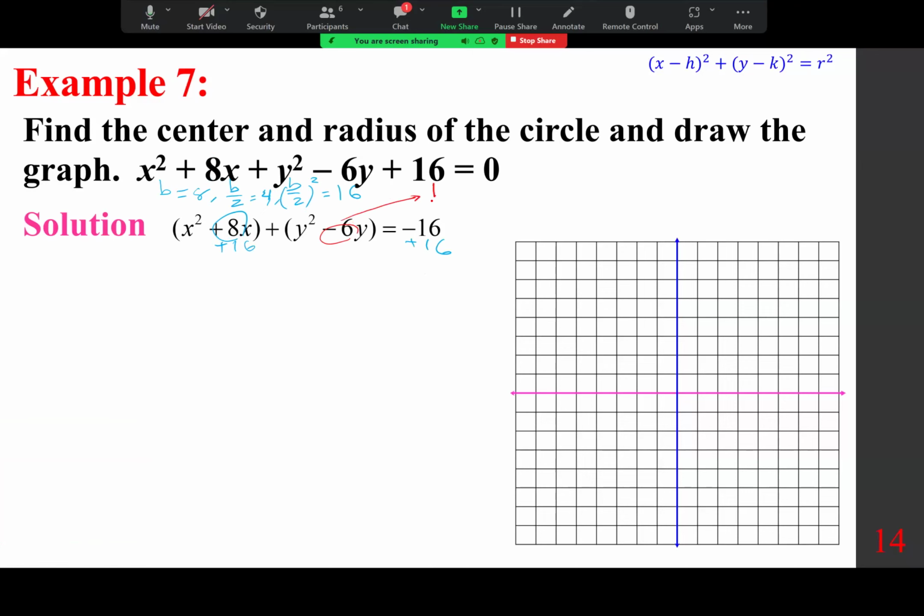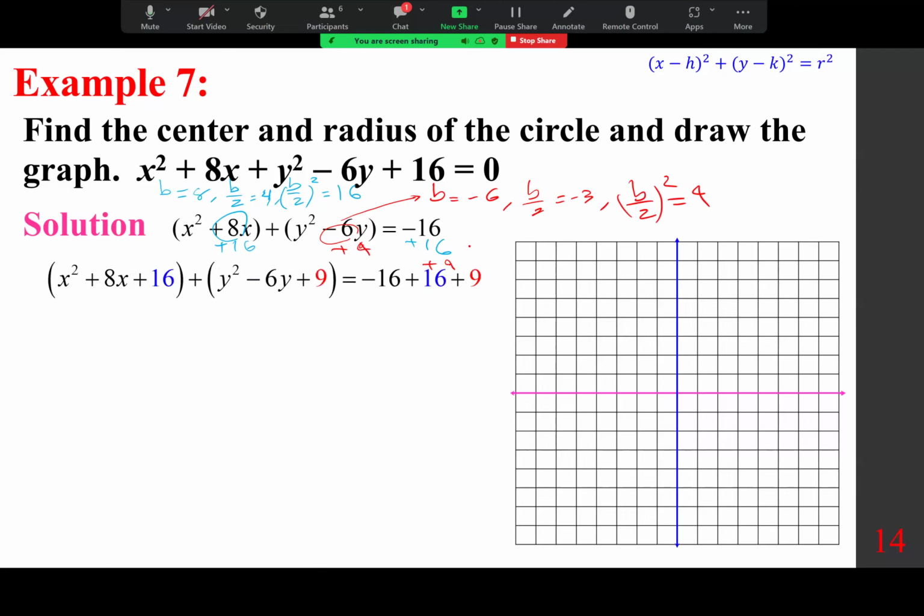For this one, b is negative 6. Divided by 2, you get negative 3. Square it, you get 9. You need to add 9 for this one. So when we do that, this becomes x plus 4 squared.